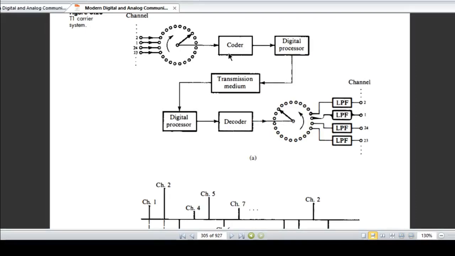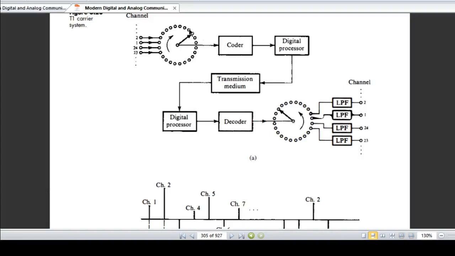8000 samples per second for each signal, and each sample is encoded into an 8-bit digital word. So the digital signal generated during one complete revolution of the commutator is called one frame.